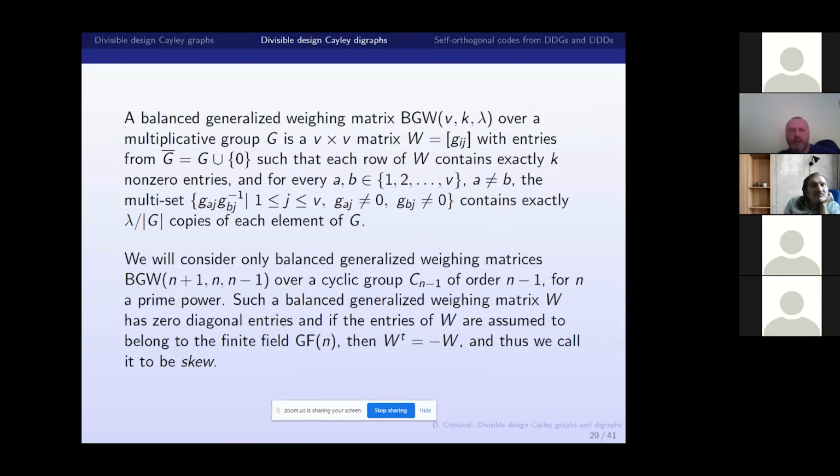And I will mention now a construction from balanced generalized weighing matrices, BGW with parameters V, K, lambda.